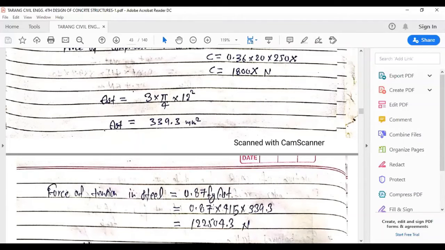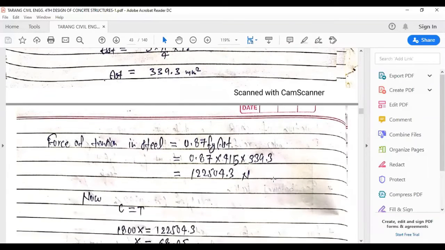So 0.87, and fy for Fe415 is 415, and Ast we have just found out, which comes out to be 339.3. So it gives force of tension in steel as 122,504.3 Newton.